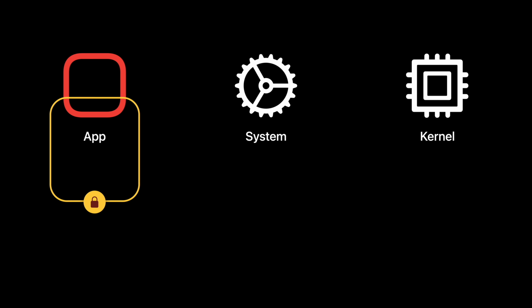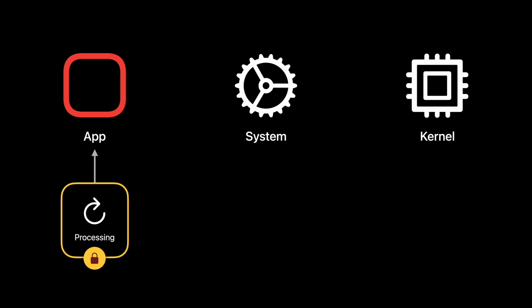In security-critical apps like Messages and Safari, Apple has designed a multi-process architecture that moves processing of complex attacker-supplied data into a heavily sandboxed environment with almost no access to system resources, such as other services, or even the kernel. And the result of that is that we can move the risk of unknown vulnerabilities into a place that, even in the event of a successful compromise, traps the attacker in an environment that's devoid of assets like messages or cookies.